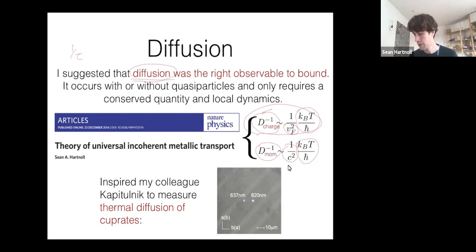And so how do you do it? You take your sample, you shine a laser that is modulated with some frequency. You shine another laser a little bit far away, and you measure how much this reflects. You measure the reflectivity here, and it's oscillating with some frequency. There's a phase shift in the oscillations compared to the source, and it turns out that this phase shift depends on the diffusivity.